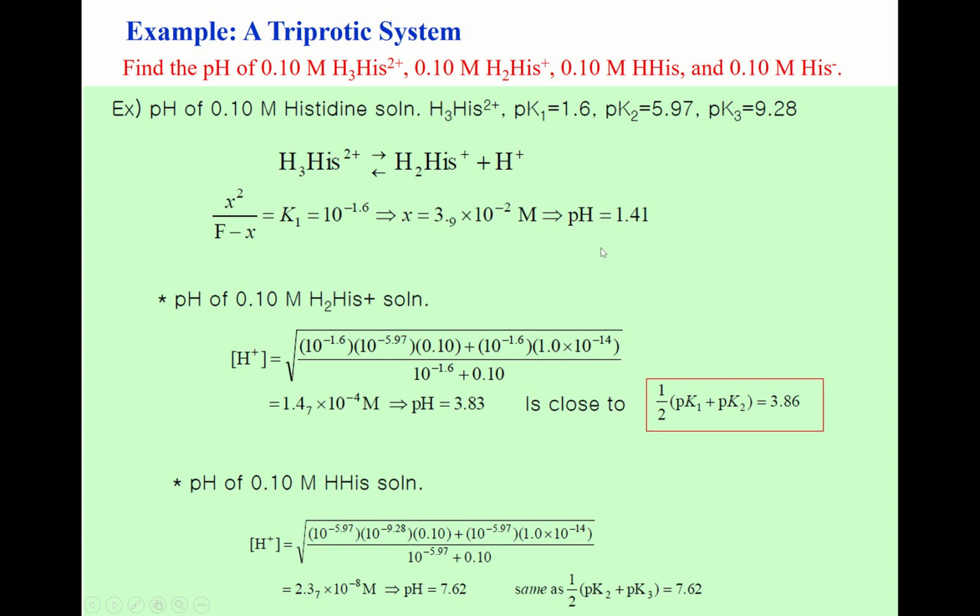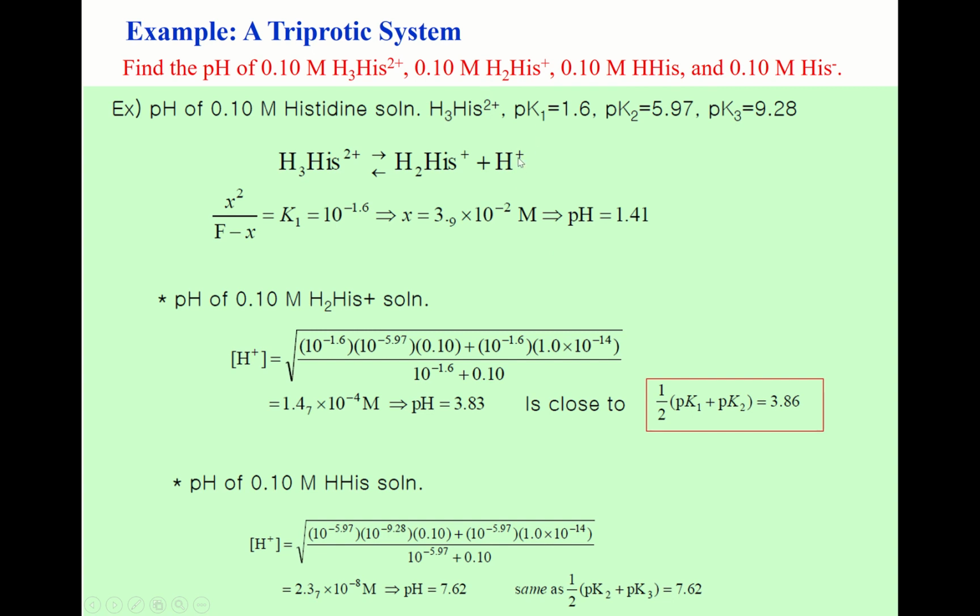And then next is when we have this first intermediate species initially. We use this equation, and we take only K1 and K2, because this species is in between.